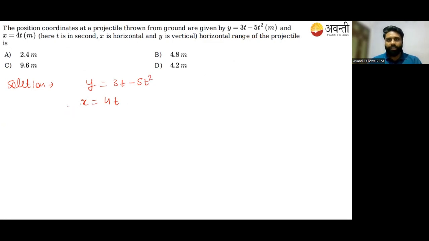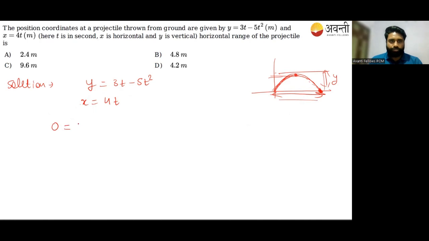What we can do is find when y becomes 0, because a projectile follows a path like this, increasing y up to the maximum height h, and then decreasing. When y becomes 0 at this point, we have the range.